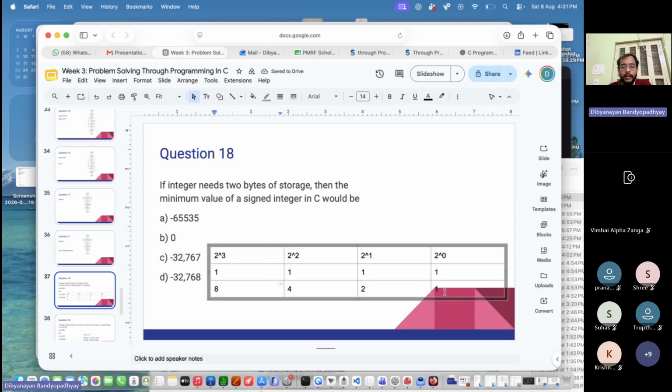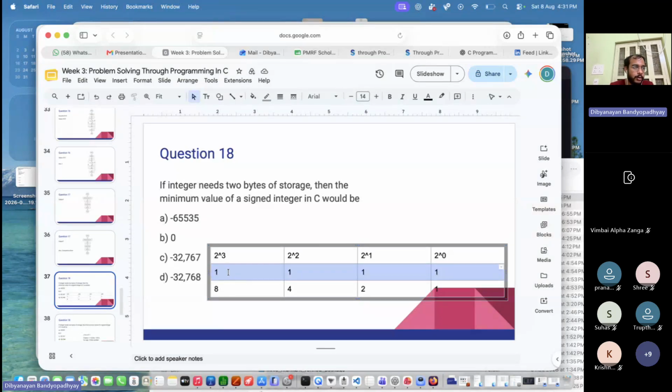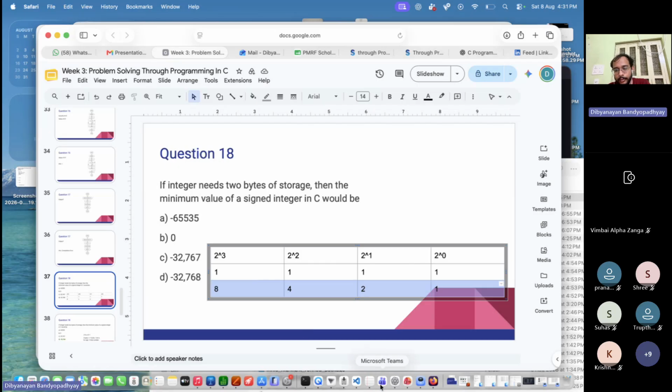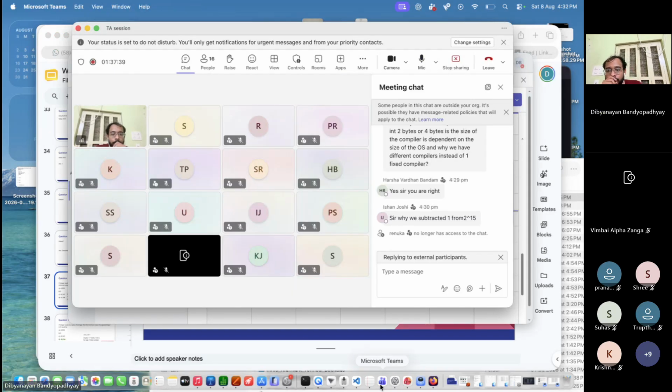So if you see carefully, if you have these 4 digits, the highest value you get is not 2 to the power 4, which is 16. It is 2 to the power 4 minus 1, which is 15. So that is why I subtracted 1. Okay, understood? Okay.